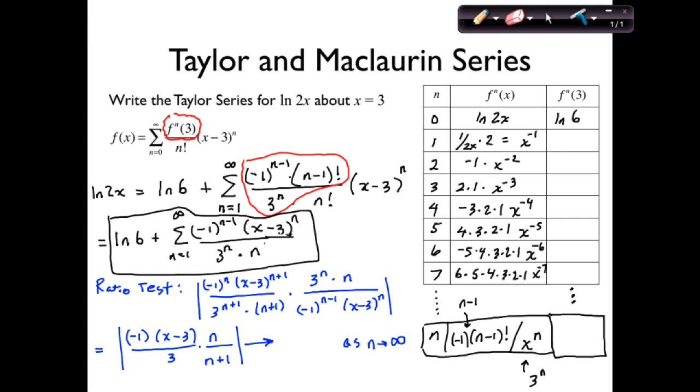Well, I got an n on top too. n over n plus 1 goes to 1, right? The sequence n over n plus 1 goes to 1 because we have the same degree. Same degree, we look at the ratio of coefficients. And so as that goes to 1, our limit is absolute value of x minus 3 over 3.